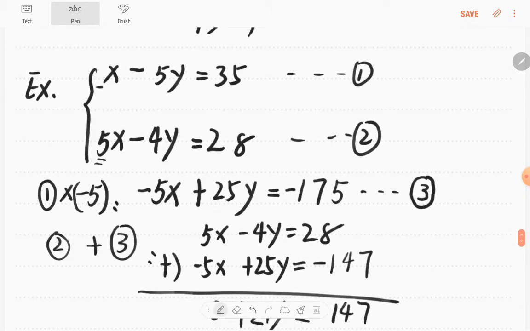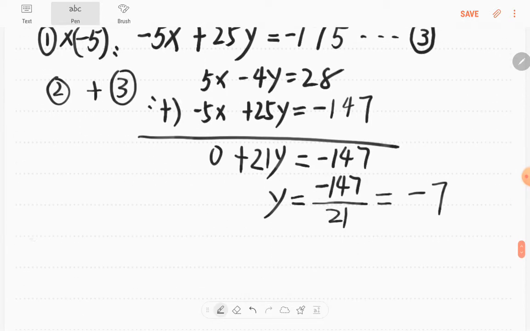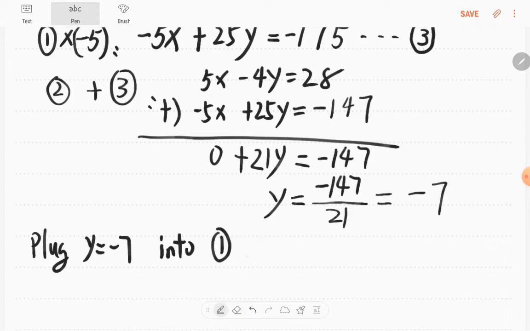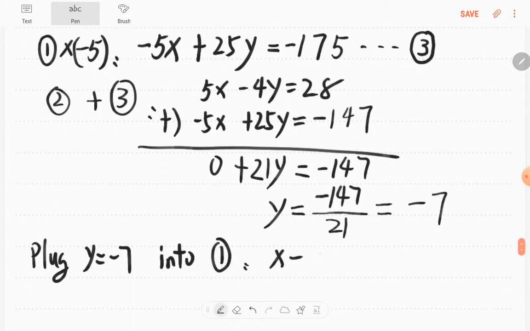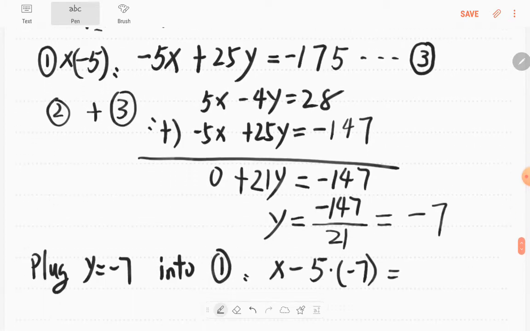Then we plug into one of the equations we have. Which one is easier to plug into? It looks like we can just plug into equation 1, right? So we plug y equals negative 7 into equation 1. Then you will have x minus 5 times negative 7 equals 35.